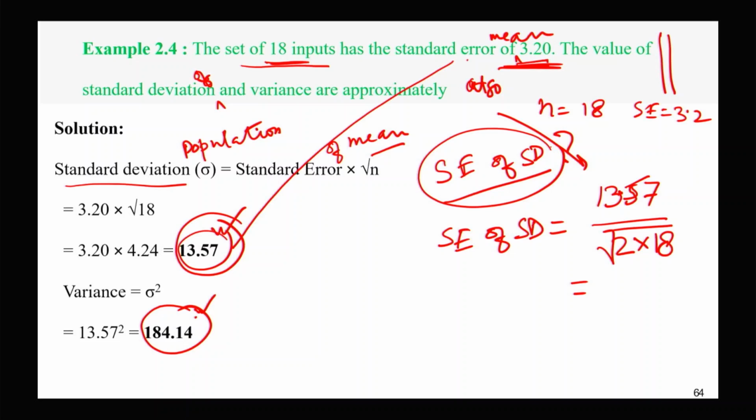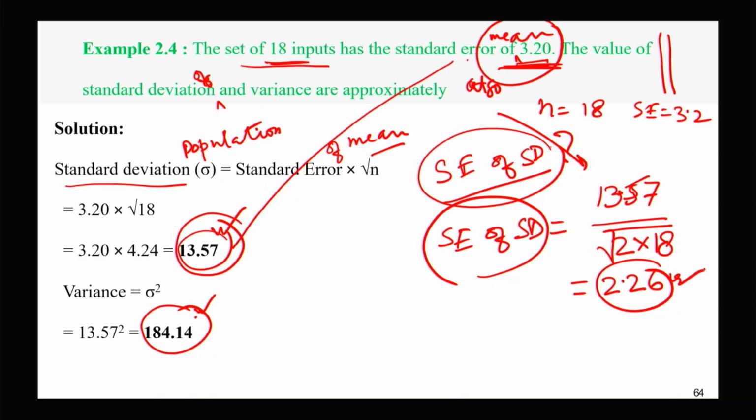What will be the value? Sorry, 2.26. So this will be 2.26. So the standard error of mean is 3.20, but the standard error of standard deviation will be 2.26. It's a factor of under root 2.